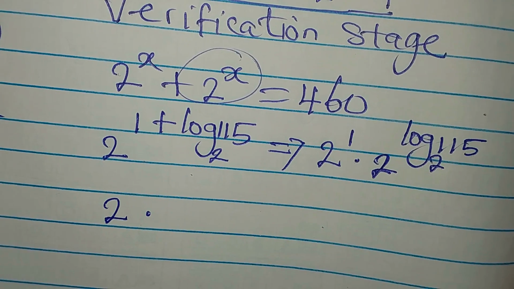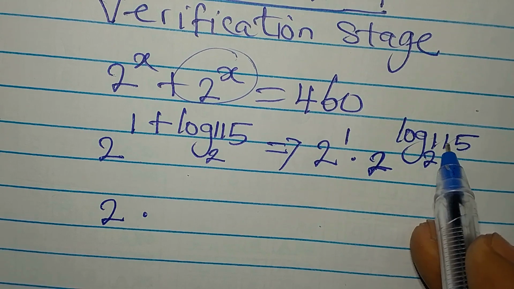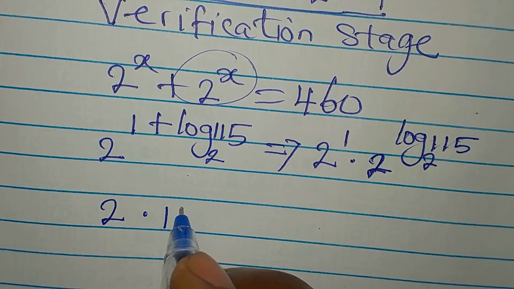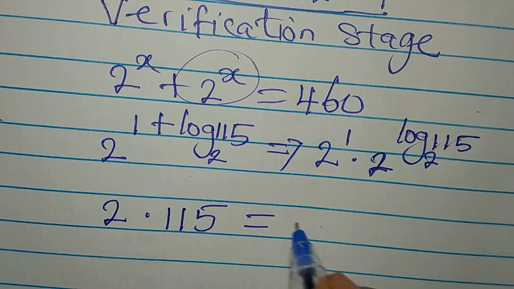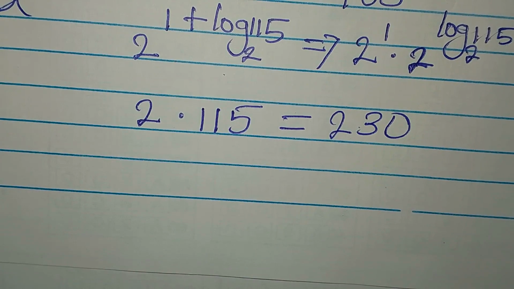Now the same thing is going to happen here, 2 and 2. So we'll just pick 115, and the log disappears. So we multiply this by 115, and this is equal to 230. This is for 2 to the power of x alone.